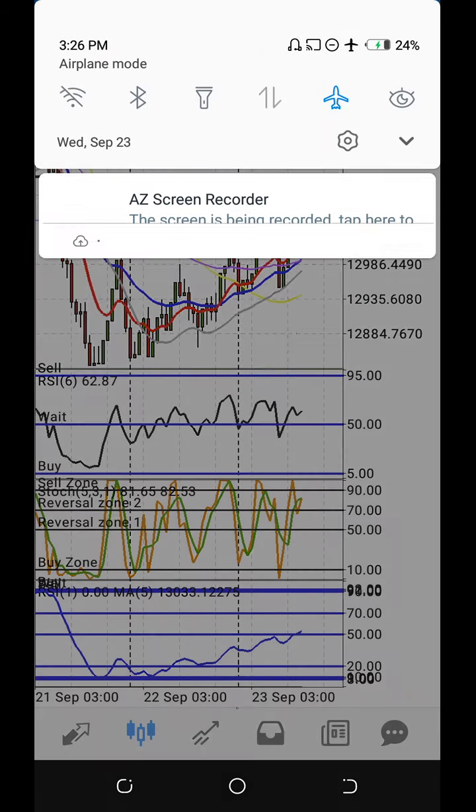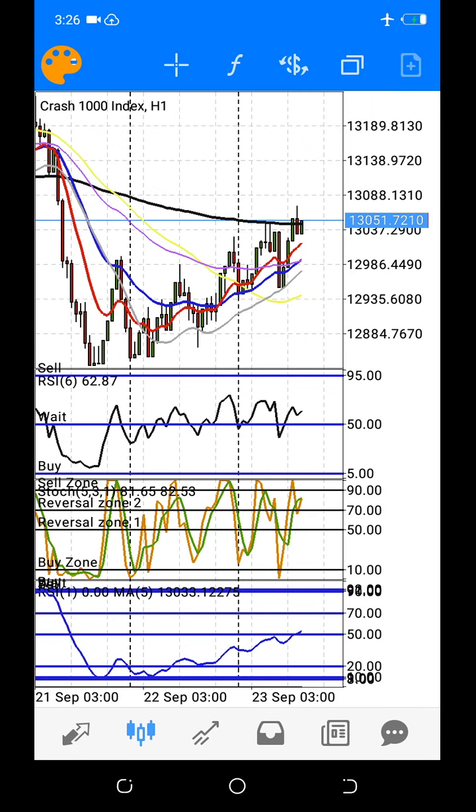First and foremost, there is a cross of the red and the blue on H1, signifying the beginning of a buy trend. To further confirm that, we have the yellow 48 SMA crossing over and the candles are pushing up. And if you see what is happening, it is forming higher highs and higher lows. So that's a bullish trend.